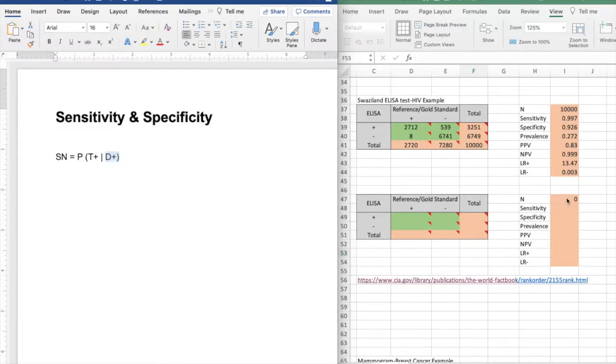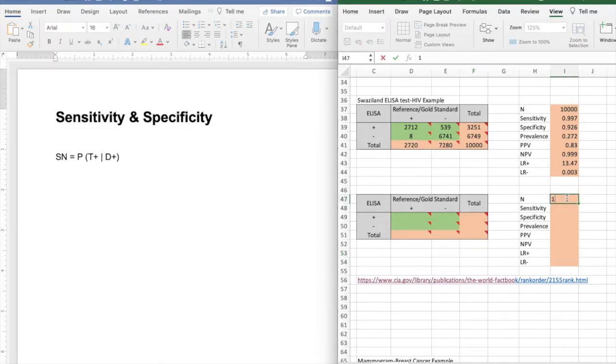So let's say we have an N of 10,000, and we have a prevalence of 0.272. And that's actually true. That data is coming from this link right here. So in the country of Swaziland, if you just randomly sample 10,000 people, 27.2% of those people are going to actually have HIV.